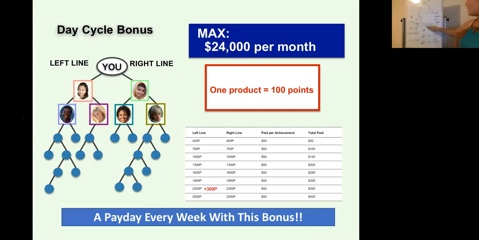So you get paid $50 not in September, but October, November, December, January, based on the points added up. So all accumulated. Okay? And then when you meet the 2,500, they will take away 2,500 from the right side and the left side.